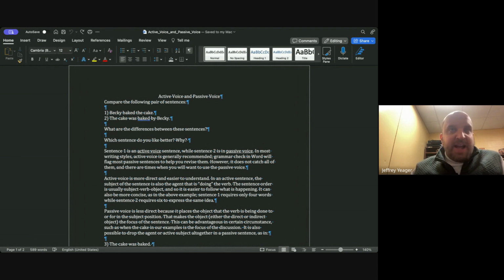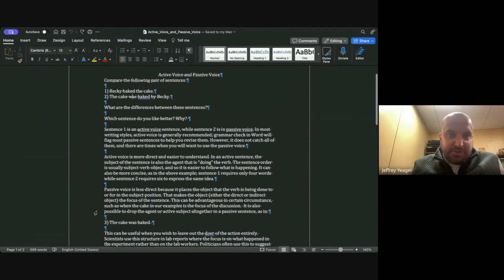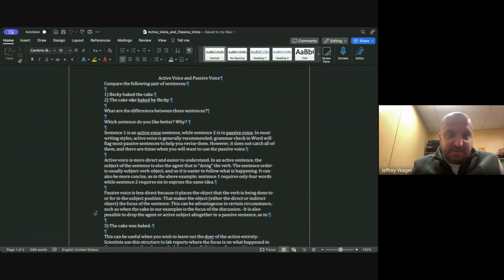If you said the rat was euthanized during the experiment, that's different, right? Because the rat is being acted upon by the scientist in this experiment.